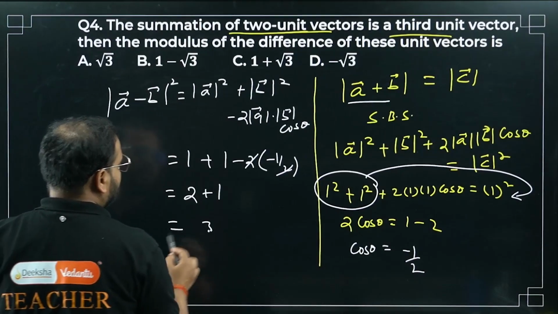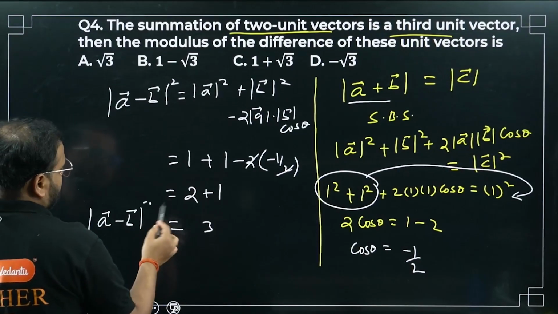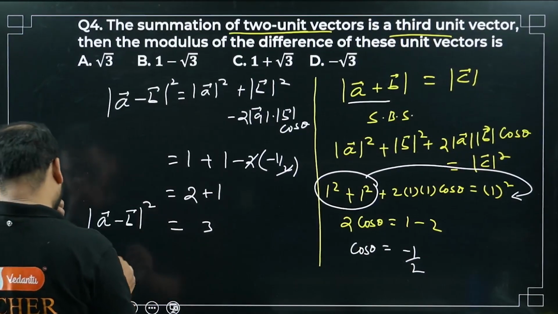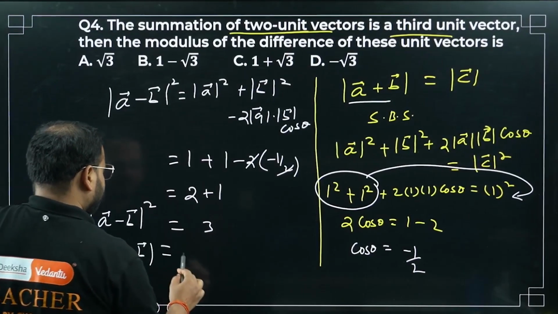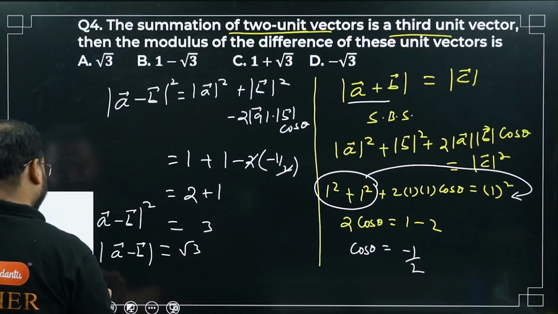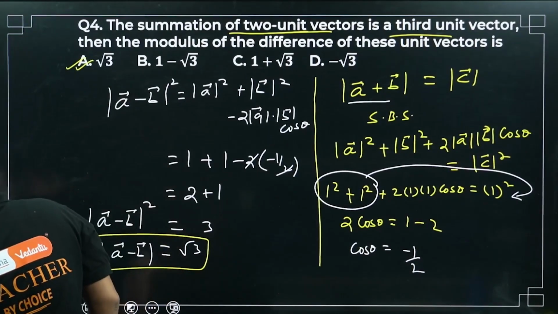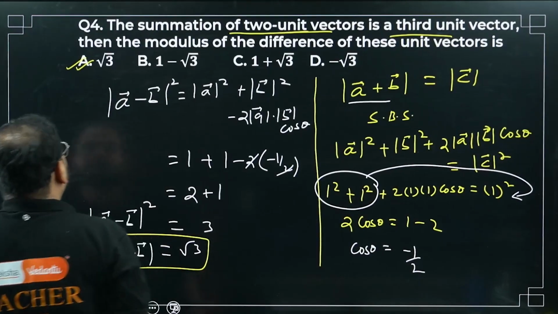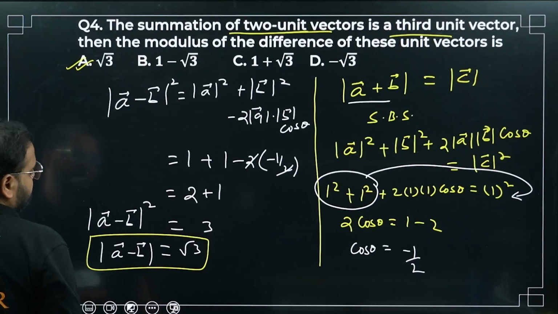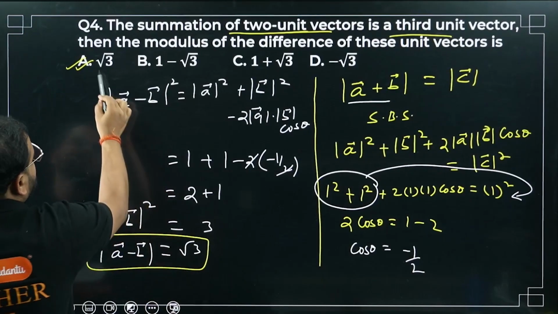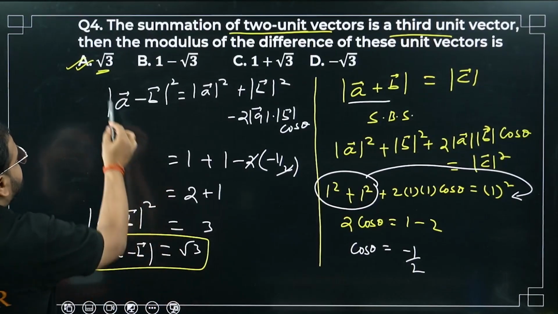What is my answer? 3 equals the modulus of vector A minus vector B, the whole square. I'm looking for the difference, right? I'll take the square root. The answer is root 3.